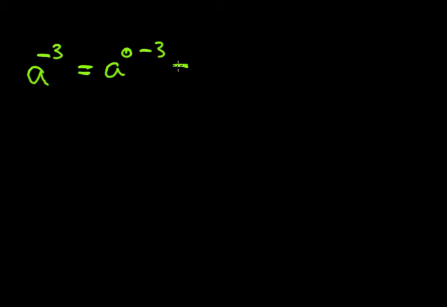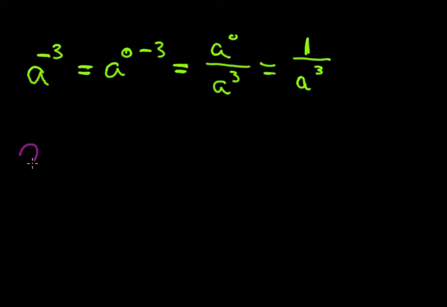If I turn that into the quotient rule, that was a to the 0 over a to the 3, or 1 over a to the 3. And what negative powers tell you is you're on the wrong side of the fraction bar. So we tend to want to talk about everything in terms of positive exponents.